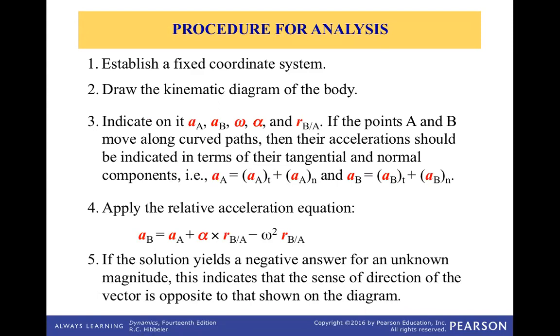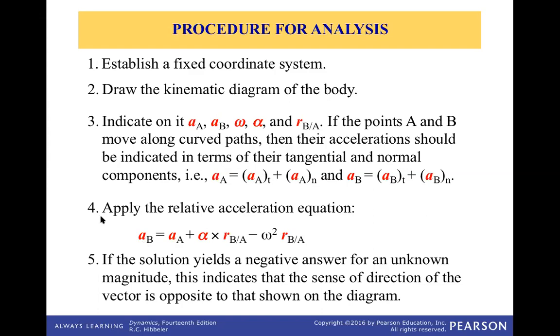For the acceleration of A, if it has tangential and normal directions, you want to indicate them. Sometimes it's not just purely translational motion. It could also have tangential and normal direction of acceleration. And for B, it could also have that. But if you are applying the relative acceleration equation, then this is what you have.